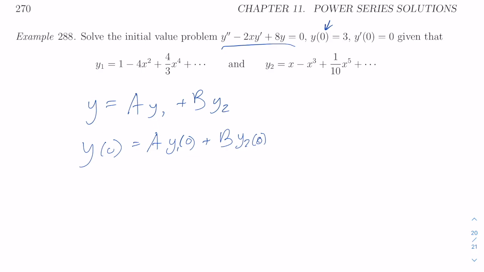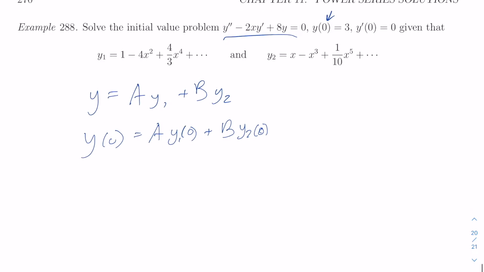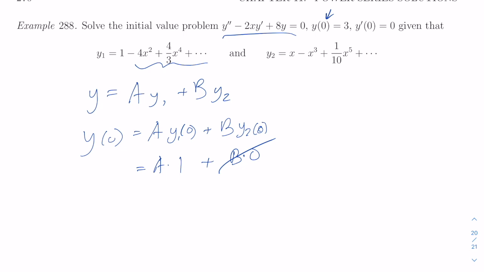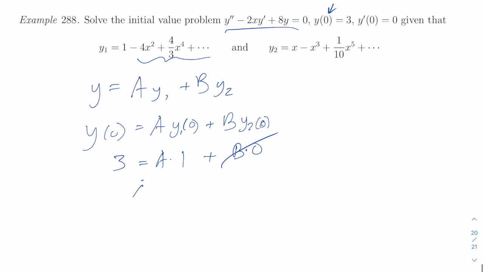But because it's y of 0, y2 of 0 is 0. So that whole thing goes away. And y1 of 0 is actually just 1. So that's a times 1. Because all of those things go away. And so this is pretty nice in this one circumstance. y of 0 is equal to 3, so there we go. I know what my a value is. A is 3.